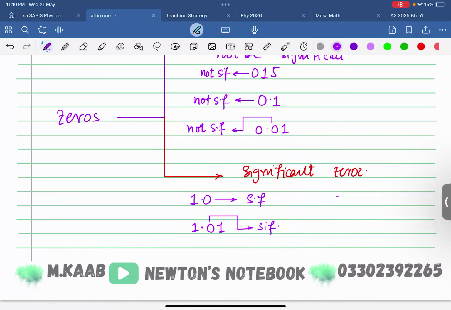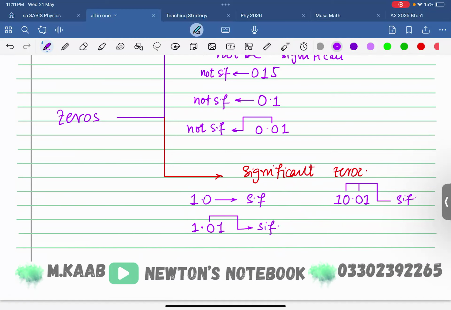If you have the value of 10.01, so both the zeros are significant, okay. And this is also significant, okay. So both are significant, right.